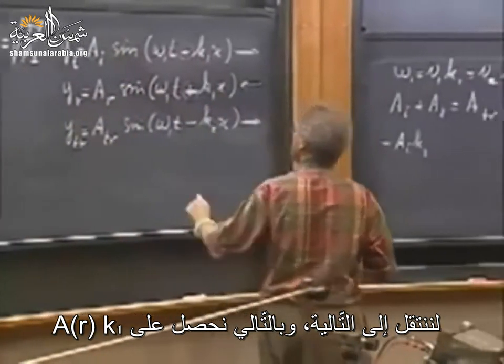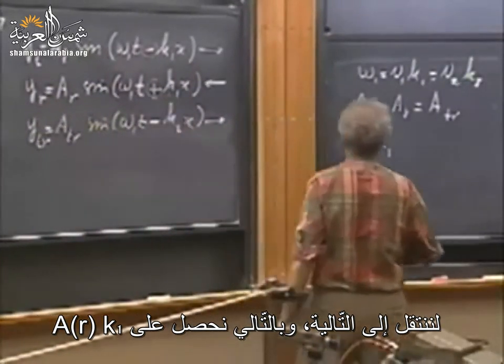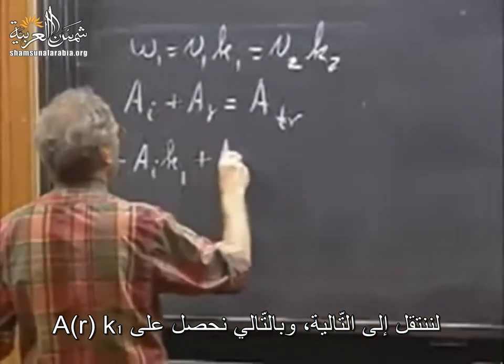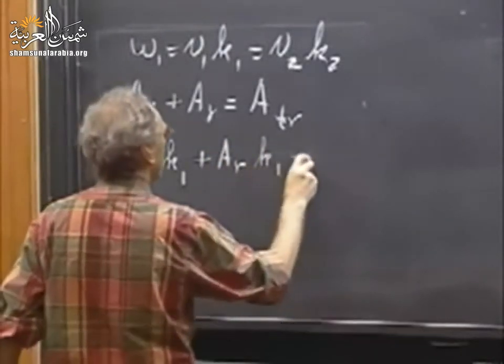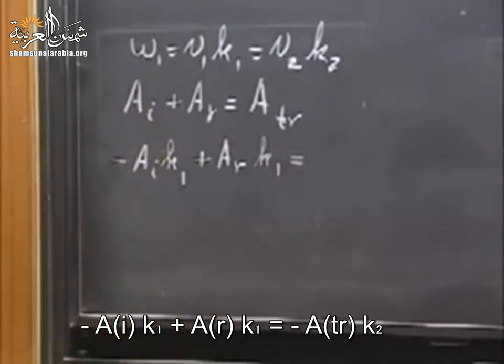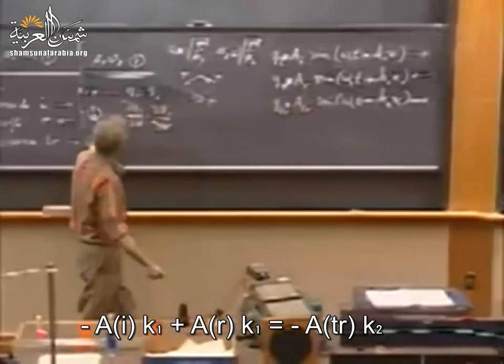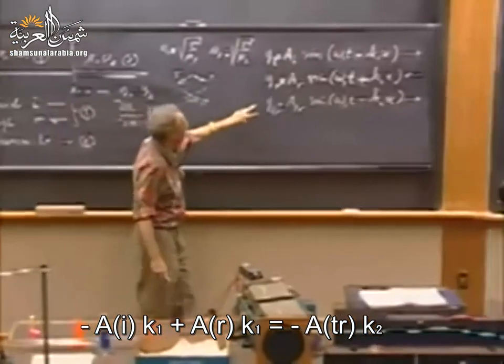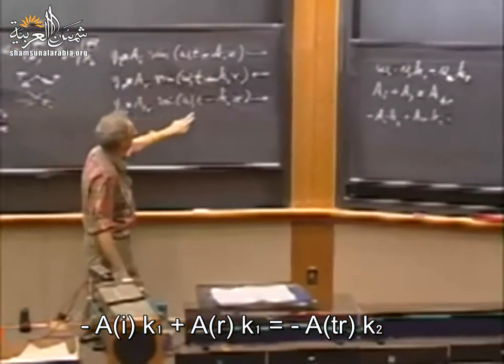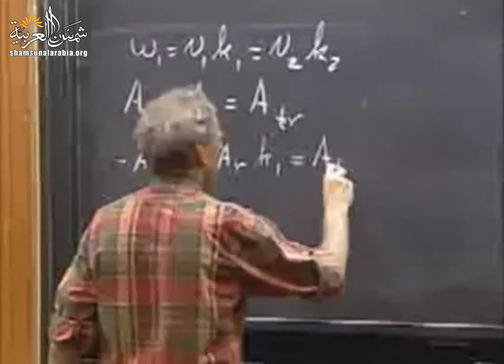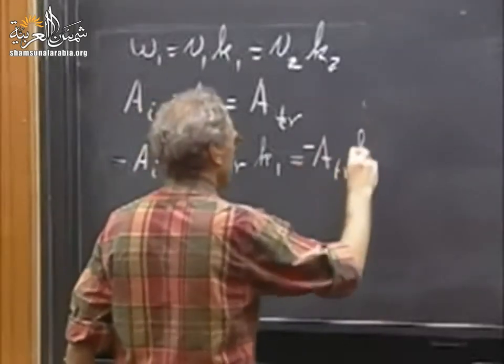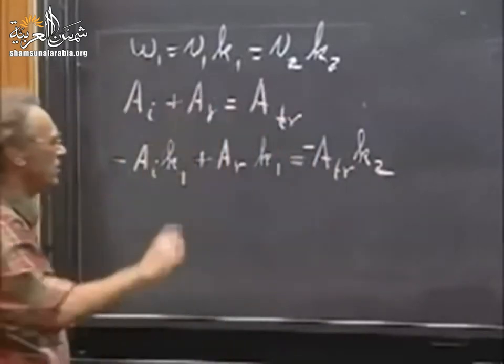My next one gives me plus A of r times k1. This is the left side, my dy1/dx, and my dy2/dx in my second medium gives me minus k2 times A transmitted, and I dump the cosine.